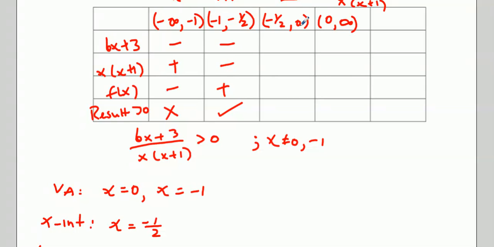From negative 1/2 to 0. Oh, okay. Well, what about negative 1/4? So negative 1/4, a quarter of 6 is going to be less than 3. So it's going to be positive here. And this is going to be negative 1/4 times a positive, which is, again, a negative.